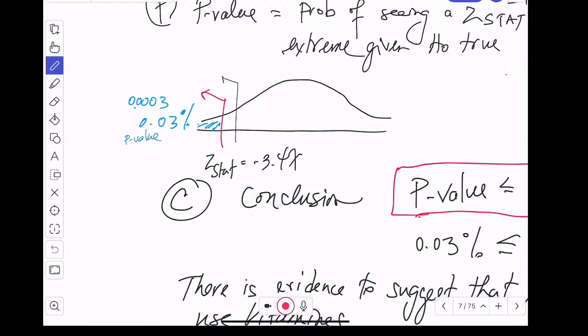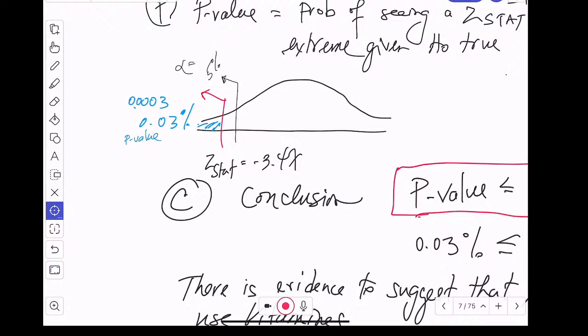I only need to be at 5%, right? So where would I be? What should be the z-stat that gives 5% here? So in other words, this is my alpha. What is the threshold here, the critical value that corresponds to alpha?